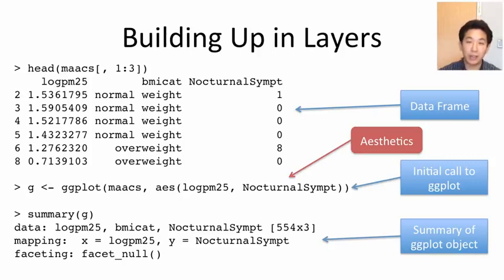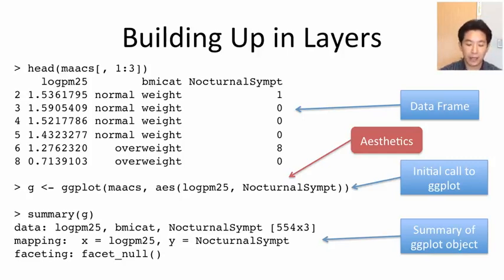The data are very important in any ggplot graphic because almost everything that you put on the plot can be thought of as some sort of data. Then in the next line I've got my initial call to ggplot. I give it the data frame, and then I give it a pair of aesthetics, the x and the y variables, which are log PM2.5 and nocturnal symptoms.